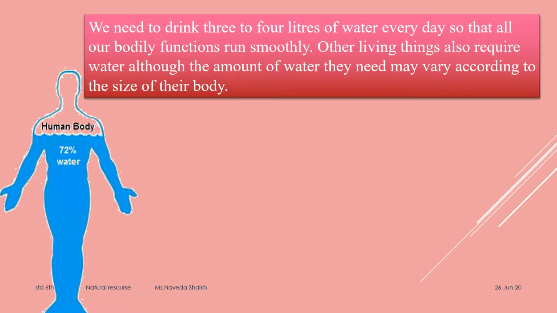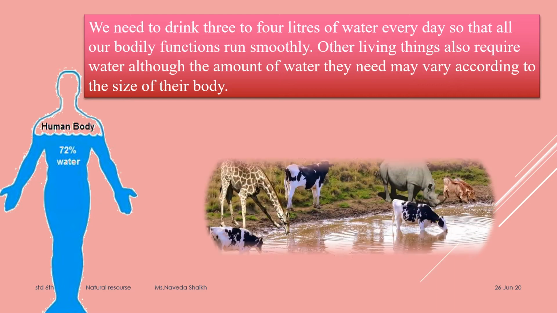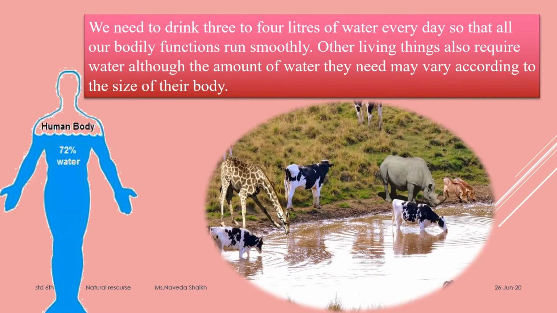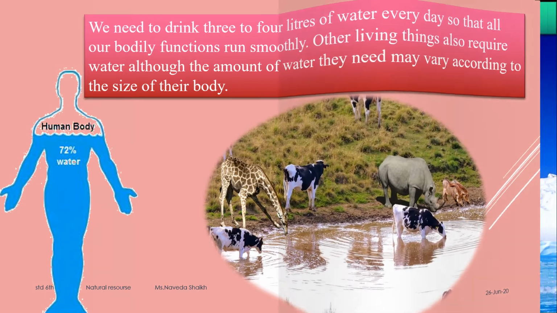So you need to drink at least 3 to 4 liters of water every day so that your body functions properly. Even other living things also require water, depending upon their size and the work that they do.